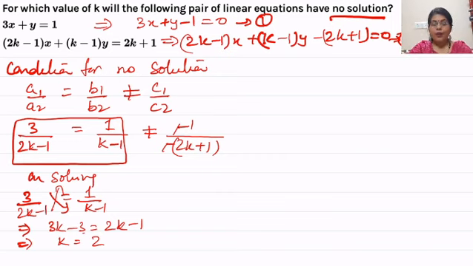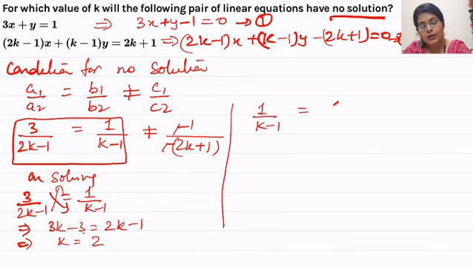Now we have got the value of k is equal to 2, but we have to check this also. Sometimes the value may be plus or minus, so we should have the habit of solving the not-equal-to part also. Now we'll take this: 1 upon k minus 1 is not equal to 1 upon 2k plus 1.